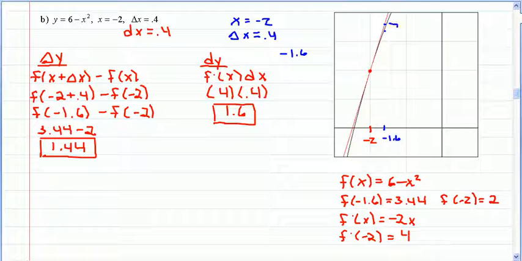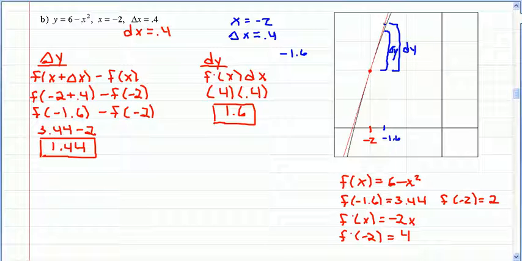The distance from the tangent line to x equals negative 2 is dy, and the distance from the function to x equals negative 2 is delta y.